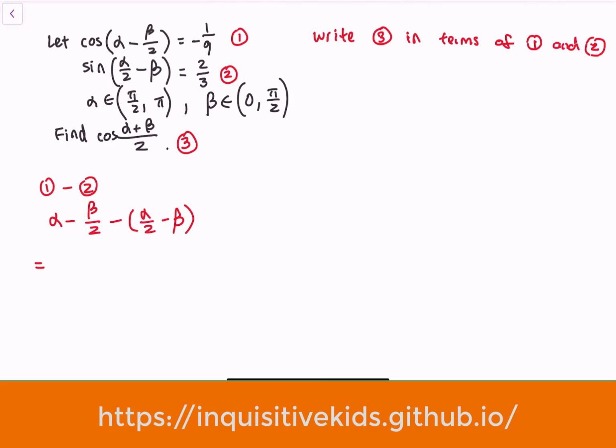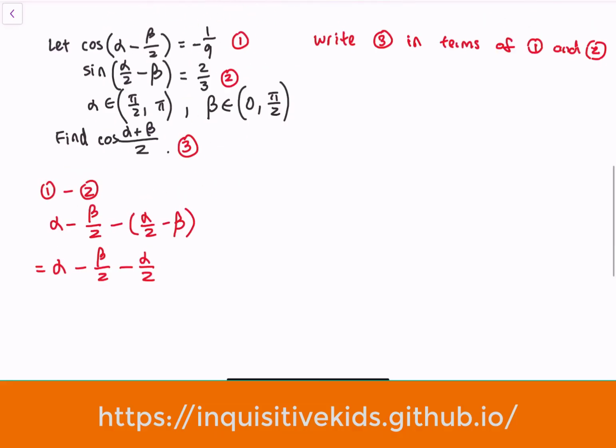This is the same thing as alpha minus beta over 2 minus alpha over 2 plus beta. This is the same thing as alpha over 2 plus beta over 2, which is alpha plus beta over 2.